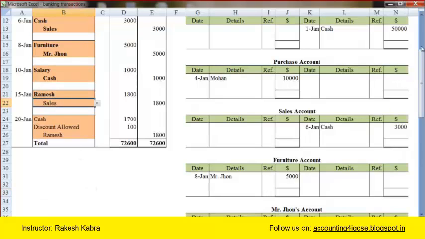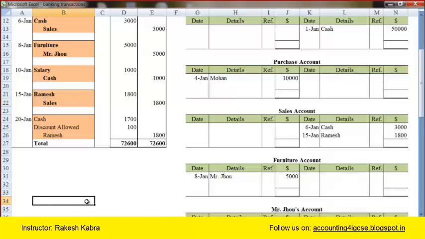So sales account credited with 1800. So in the sales account on the credit side, I will write 1800 and I will write the name of the opposite account here, Ramesh. And what is the date? January 15. Done. So posting done in sales account also.